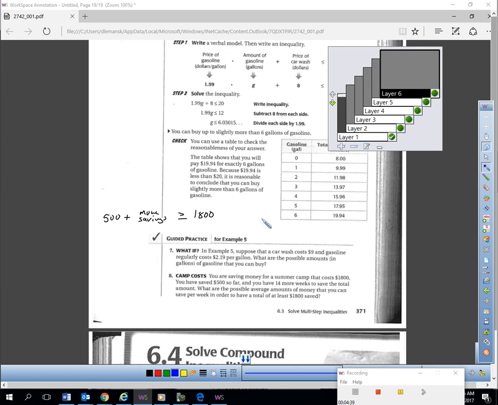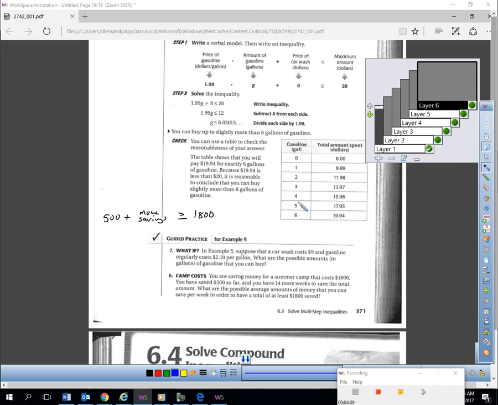Let's do a story problem and we can finish the video, because we should be able to set up and solve a multiple step story problem too. So camp cost: you are saving money for a summer camp that costs $1,800. You have saved $500 so far, and you have 14 more weeks to save the total amount. So that's what I'm writing here.